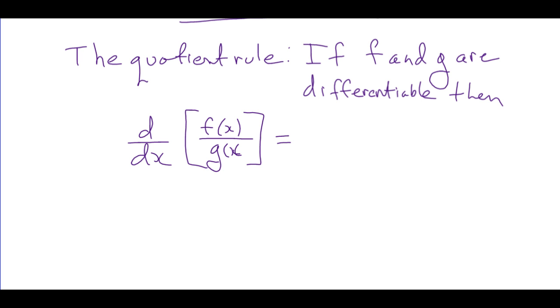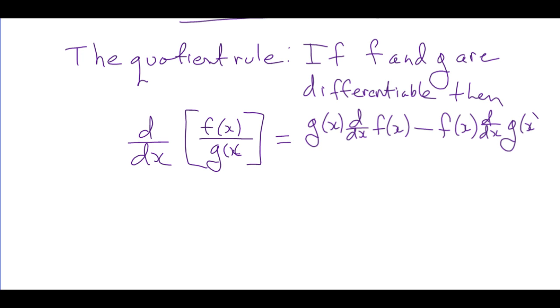So you've got two functions. So it's g at x d by dx of f at x minus f at x d by dx of g of x, over g of x squared.